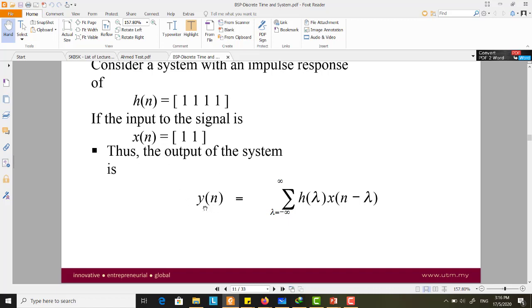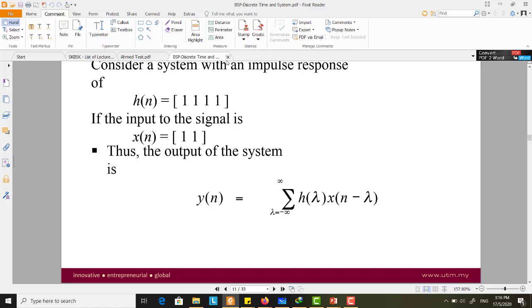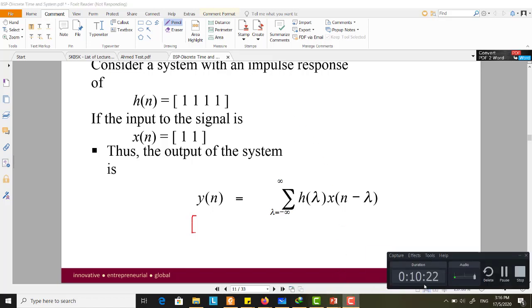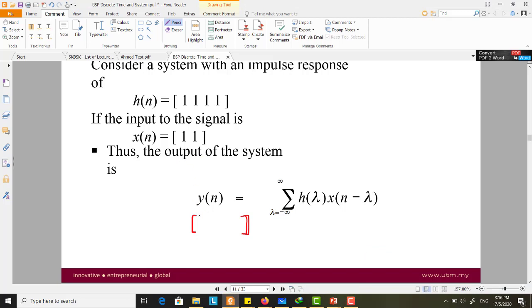Here y[n] represents our net, a one-dimensional matrix.